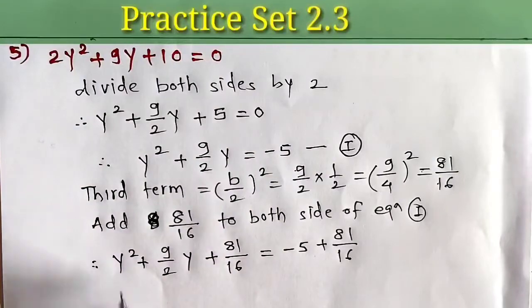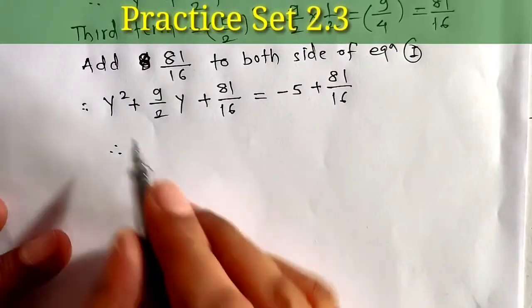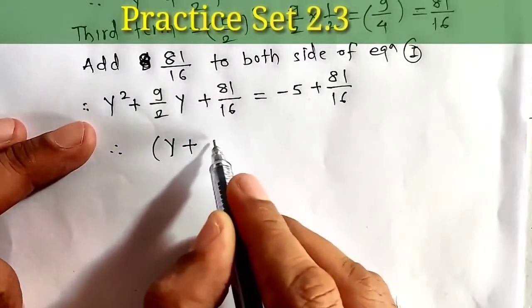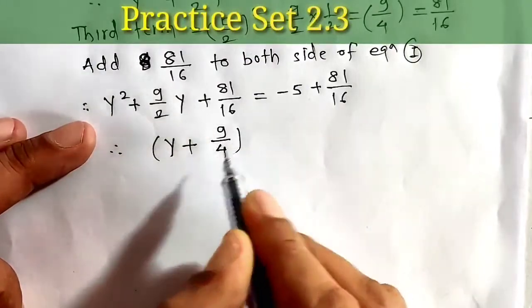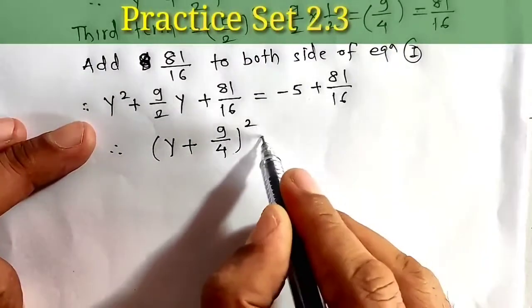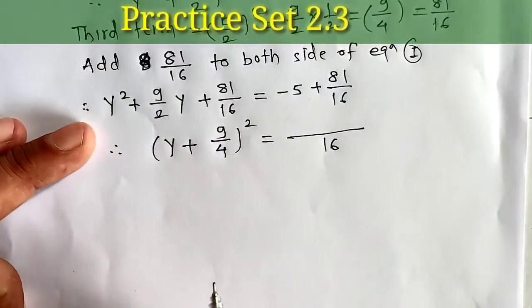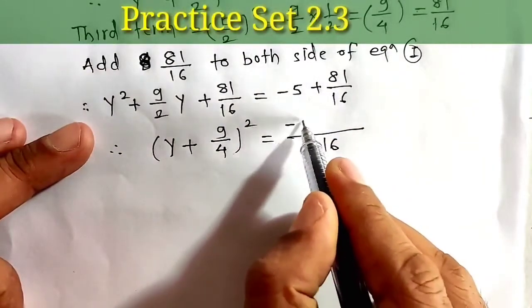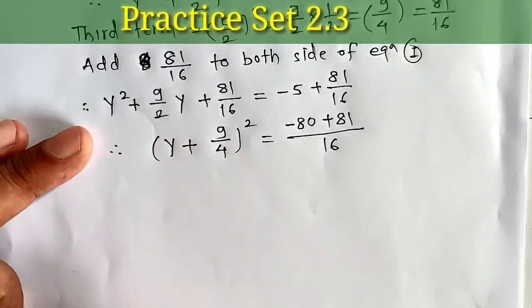Now this left hand side becomes a complete square. It is the square root of the first term, sign of the middle term and square root of the last term, 9 by 4. So this is y plus 9 by 4 bracket square is equal to, 16 is the LCM. Here if we multiply by 16, minus 5 is minus 80 plus 81.